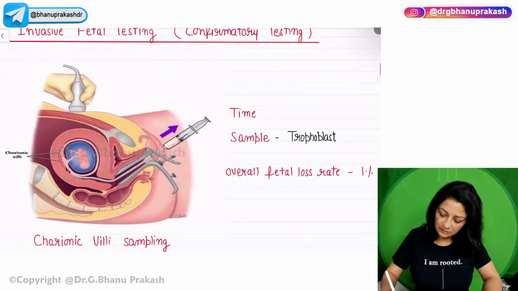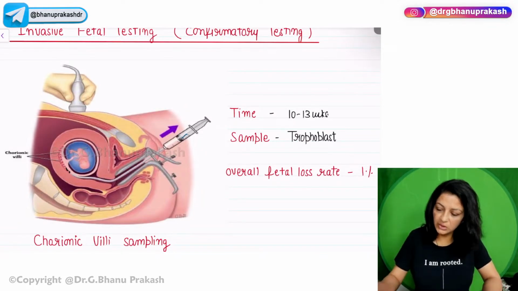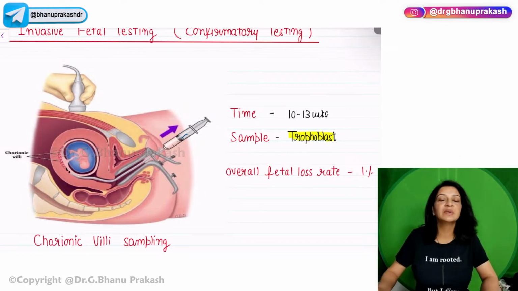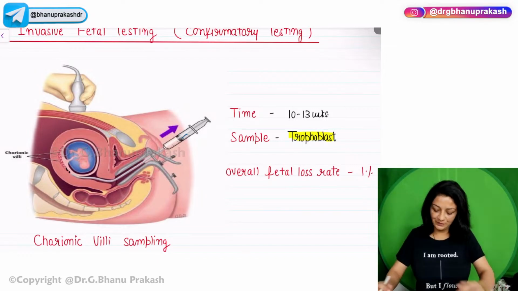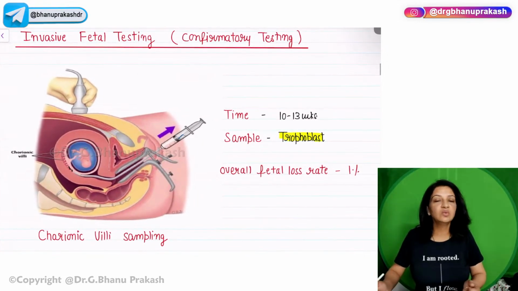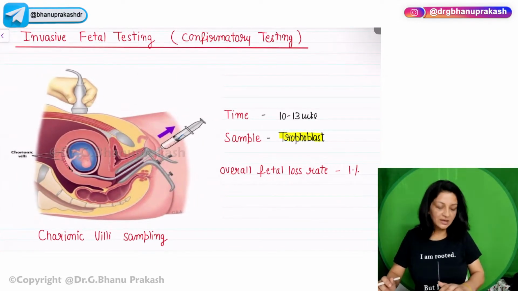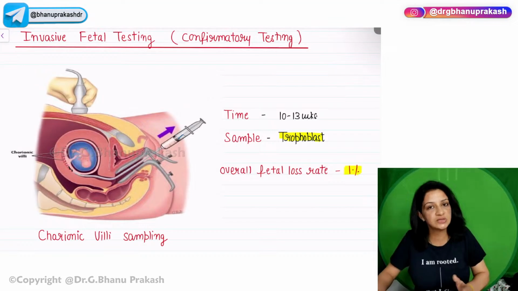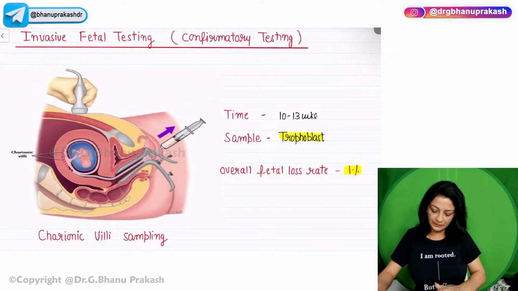So time is 10 to 13 weeks and sample is trophoblast. इसके हम sample लेंगे trophoblast. So this is called chorionic villi sampling. So overall fetal loss is 1%. Means यहाँ पे abortion होने के chances हो सकते हैं up to 1%.